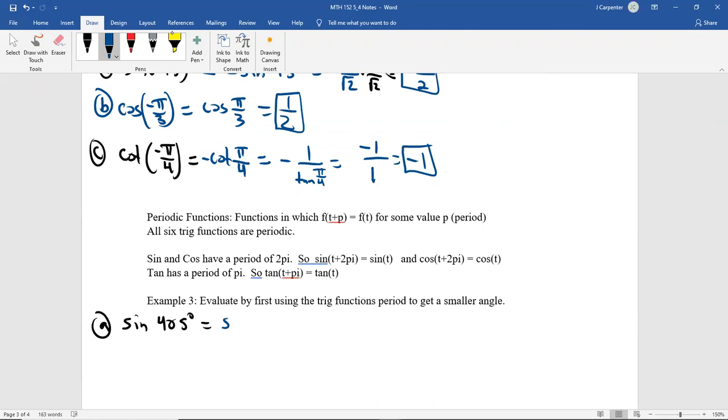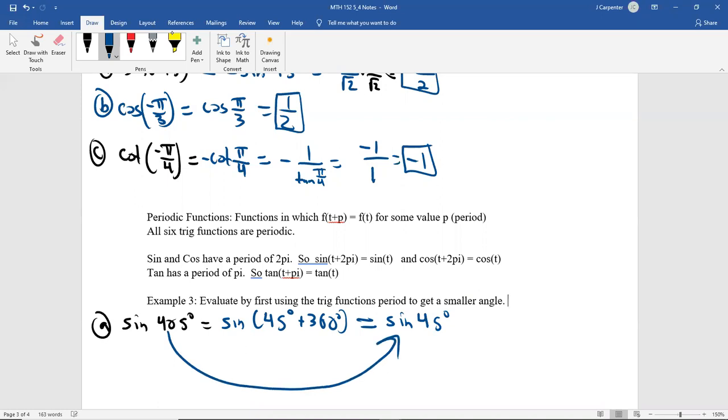So you can take this extra step that some people will do, and they'll say, all right, well, 405 minus 360 is 45. So I can separate this as 45 degrees plus 360 degrees. Some people would just go to the next step and say, all right, now that you have the period added, you can just drop it and say this is the same as the sine of 45 degrees. Again, a lot of people will skip that step and just go straight to here.